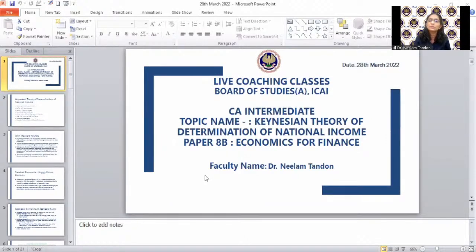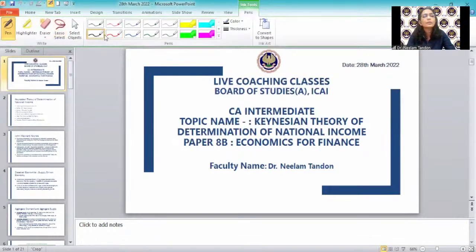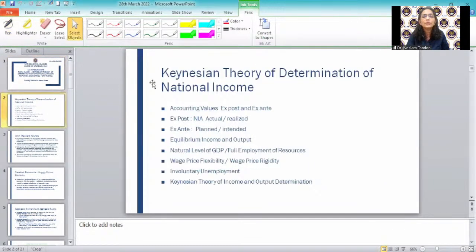That is what ex ante is about. So the difference between ex ante and ex post is clear. The terms we have used here are ex post and ex ante.